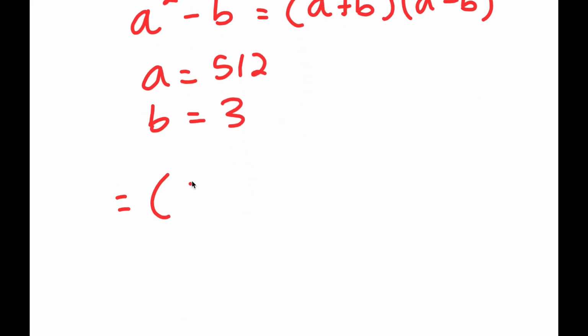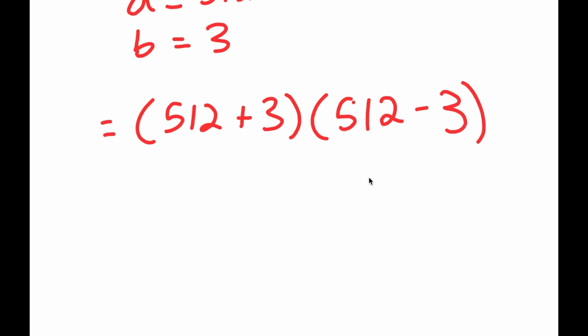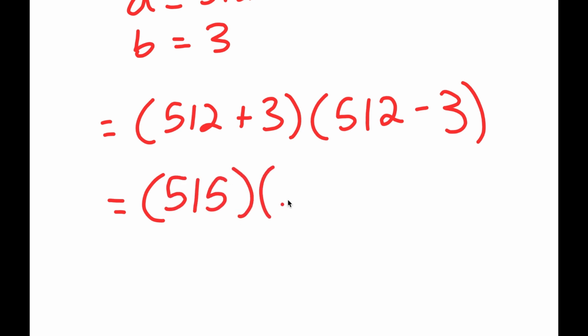So now I get 512 plus 3 times 512 minus 3. Now 512 plus 3 is going to equal 515. And 512 minus 3 is going to be 509. So I have 515 times 509.